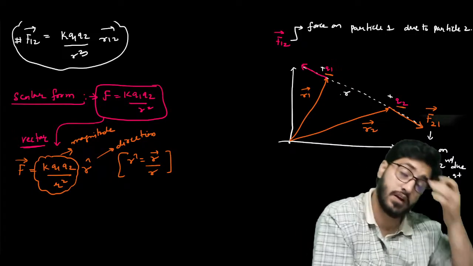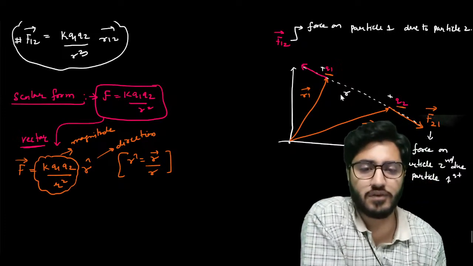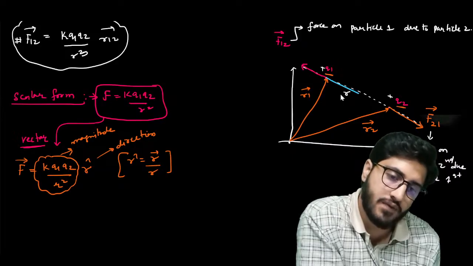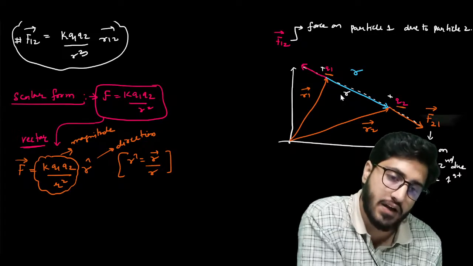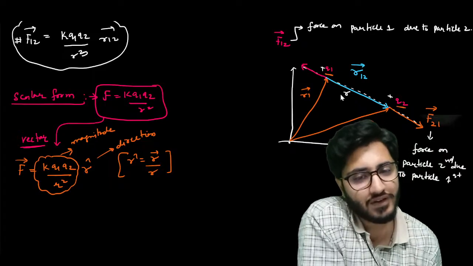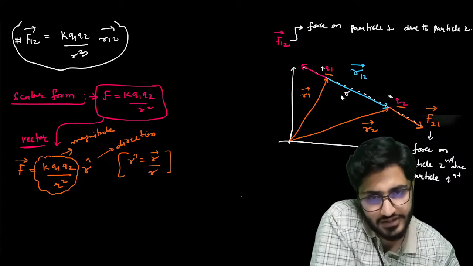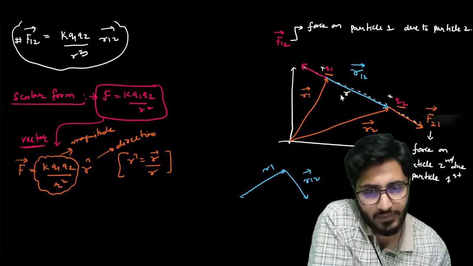Now there will be one sort of confusion, if you are going from 1 to 2. Look here. This is my R1, this is my R12, this is my R2.